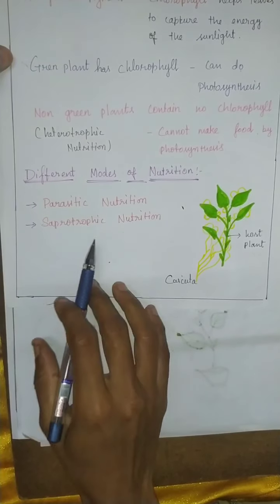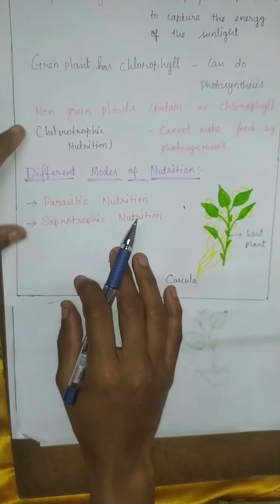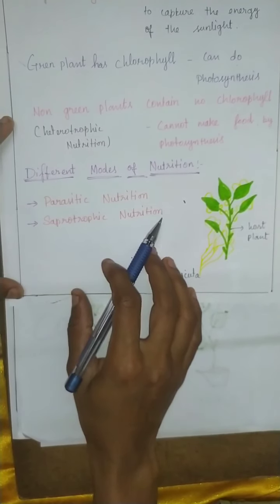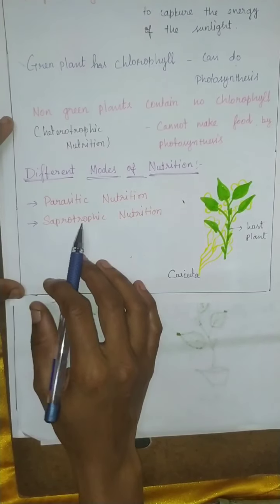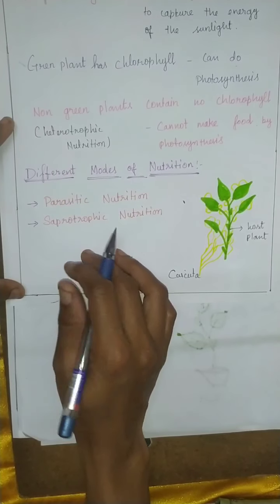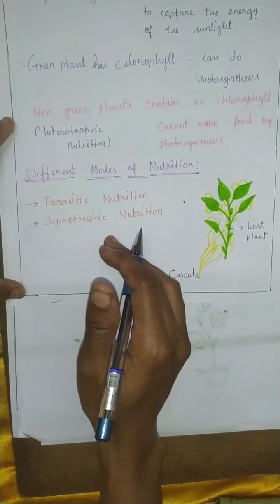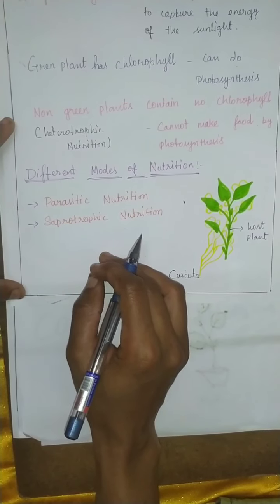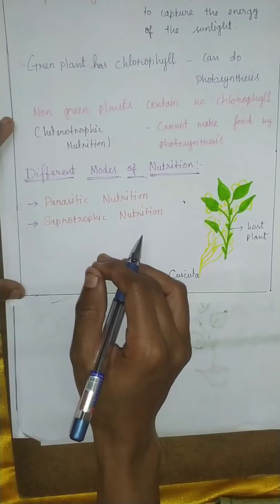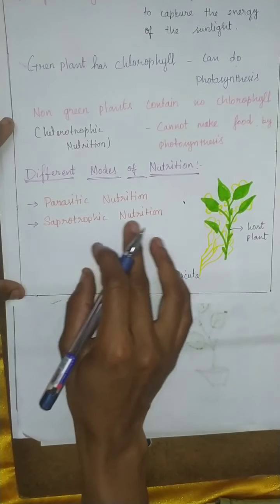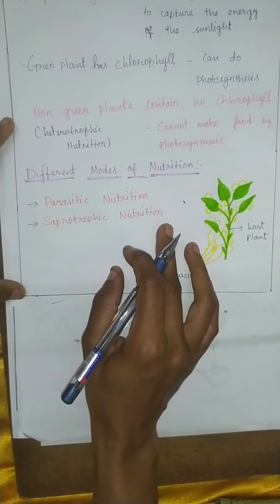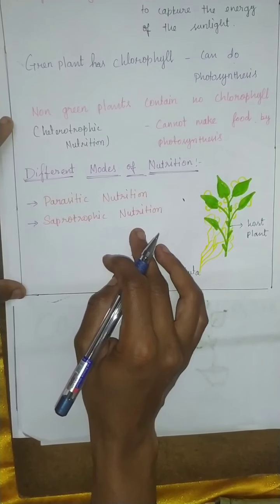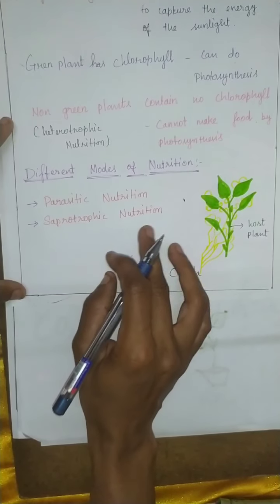They grow on dead and decaying matter and get food from it by secreting digestive juice on the dead and decaying organic matter on which they grow. By absorbing it, they take nutrients. This mode of nutrition is known as saprotrophic nutrition, where an organism takes food from dead and decaying organic matter.